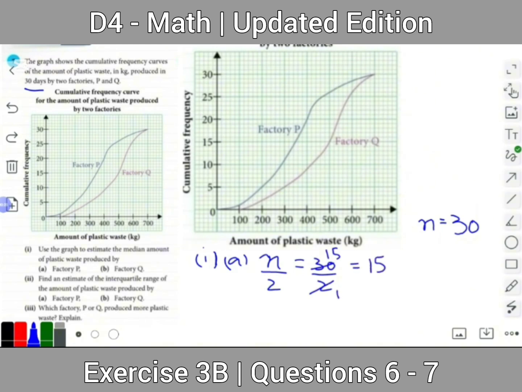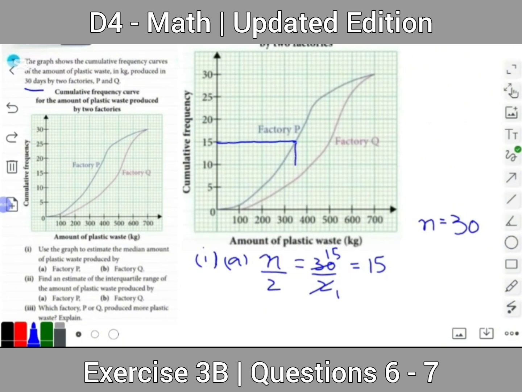Now since we know that each square unit along y-axis is equals to 1, from 15 we will draw a horizontal line until it intersects the curve representing factory P. Now from the point of intersection on the curve, we will draw a vertical line until it touches the horizontal axis.